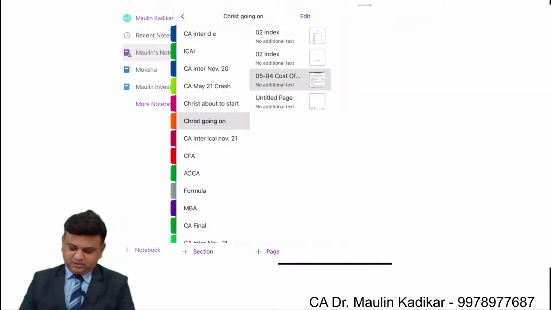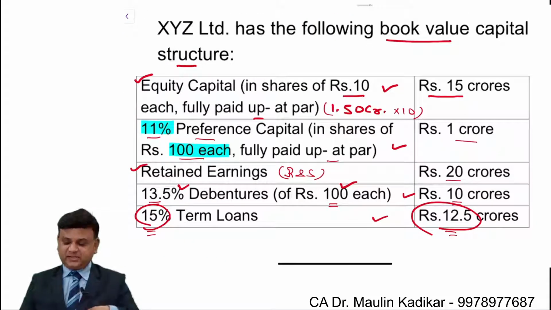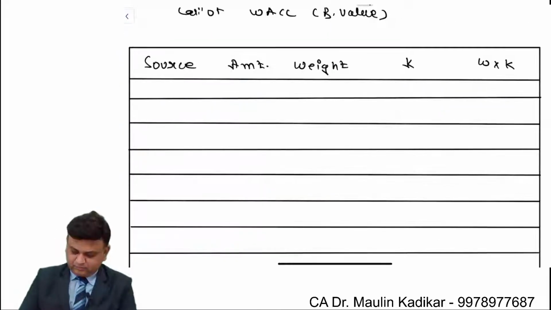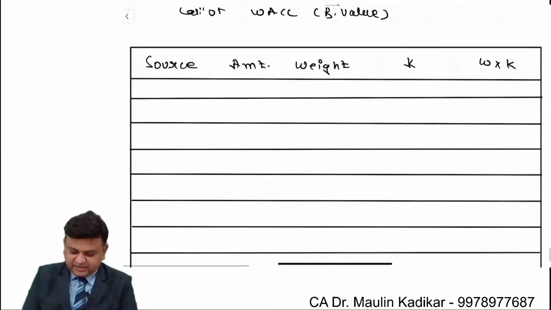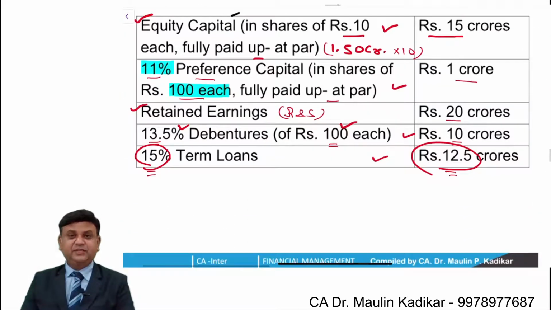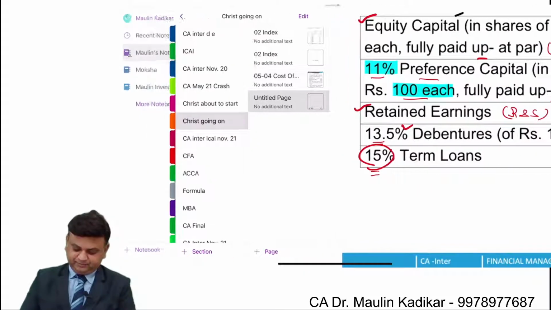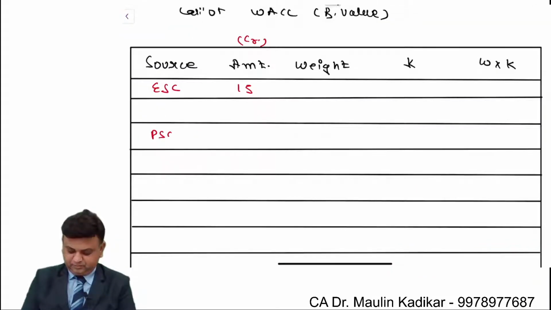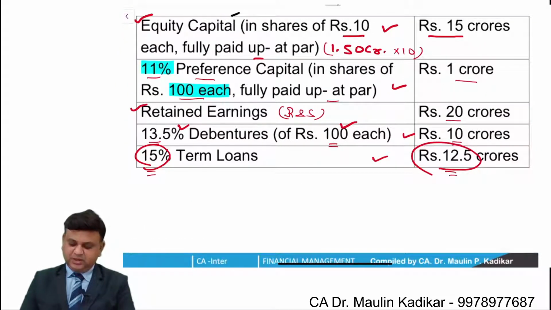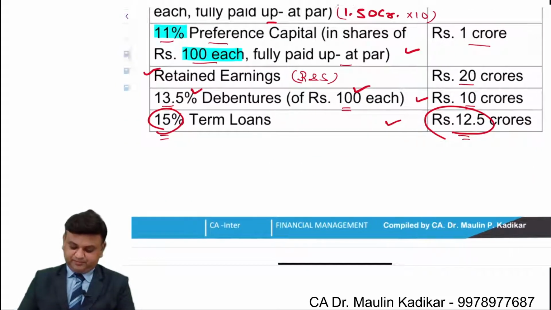Let us see now. Column number 1 is the source of finance, equity share capital. The amount is 15 crore. Next, preference share capital is 1 crore. Next, retained earning is 20 crore.